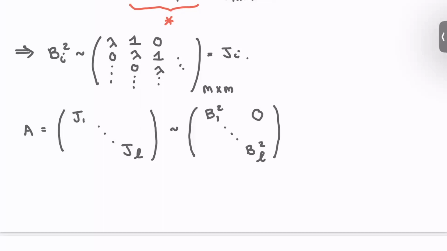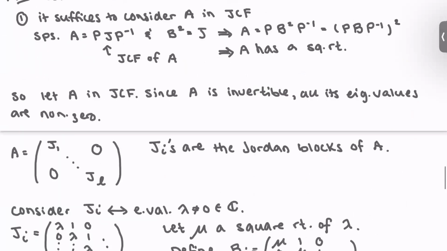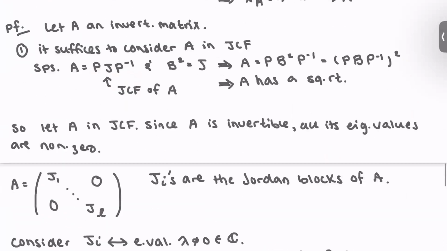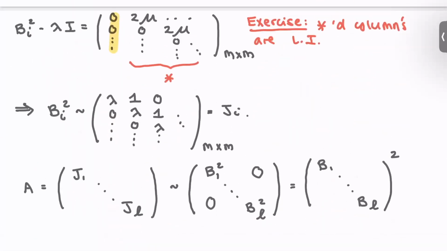And because this is a block diagonal matrix, this is the same as looking at B1 through BL, quantity squared, or matrix squared. And this is enough to say that A is similar to the square of a matrix, and our argument to show that we can consider A in Jordan canonical form also shows that this is enough to say that A has a square root.